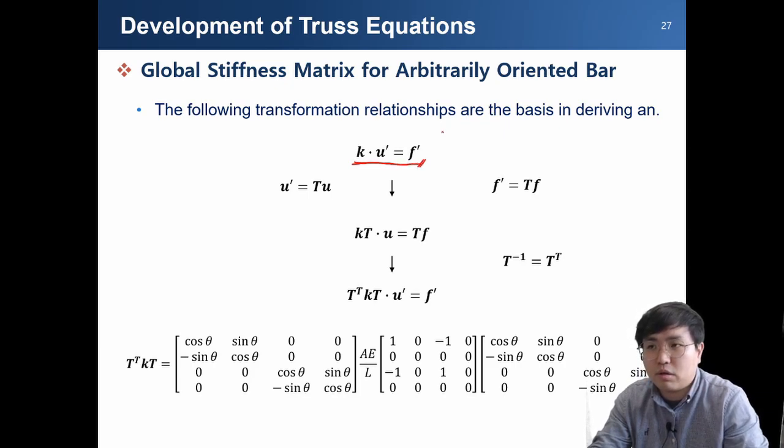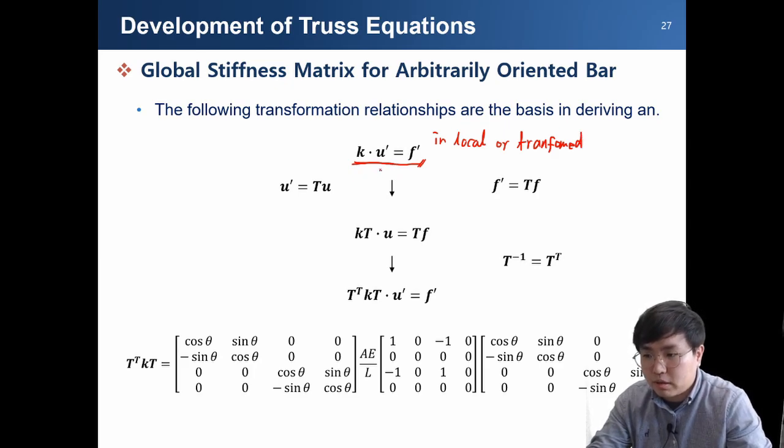equation in the local coordinate system, to be transformed to the global coordinate system. Our vector must also be expressed in the global coordinate system, so that each local vector can be changed like this.